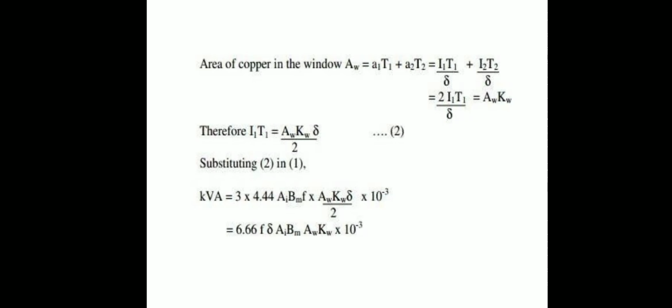Now we are coming to the numerical problems on transformers, including main dimensions and windings. See, this question is: determine the main dimensions of the core and window for a 500 kVA 6600/400 volt 50 Hz single phase core type oil immersed self cooled transformer.